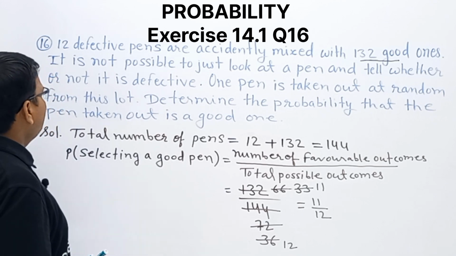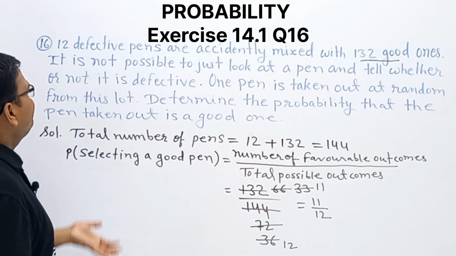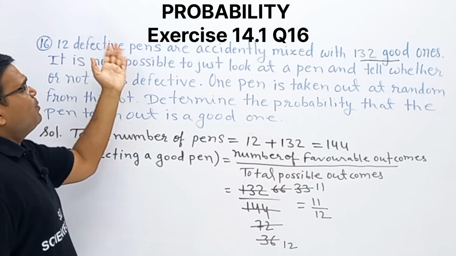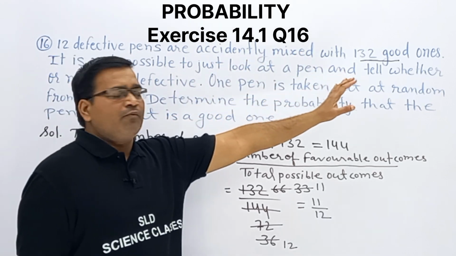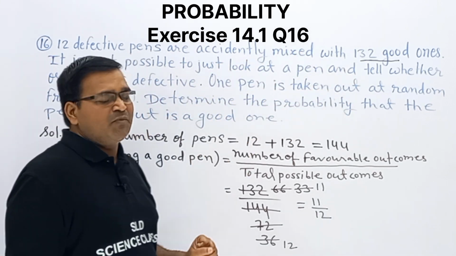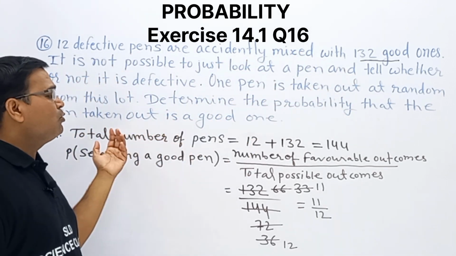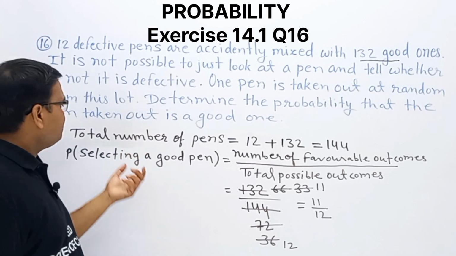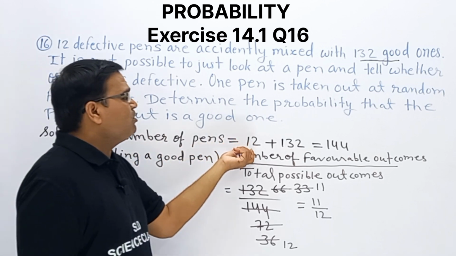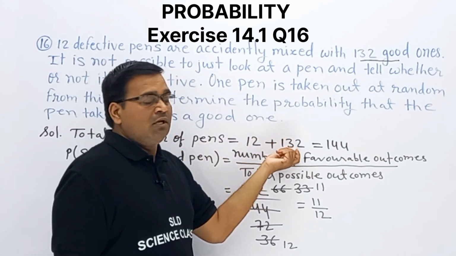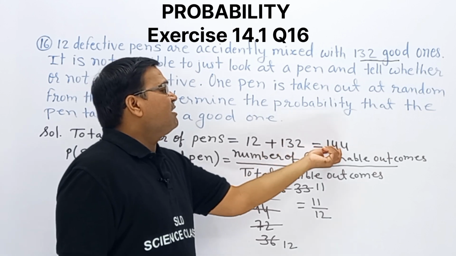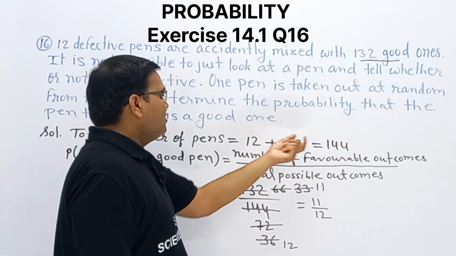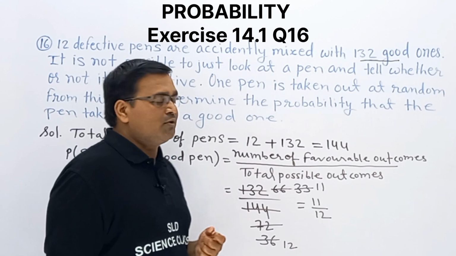Observe again what we are doing in this question. In this question, 12 defective pens are mixed with 132 good pens. Then total number of the pens, total possible outcomes, will be 12 defective plus 132 good pens, and total we are getting 144.